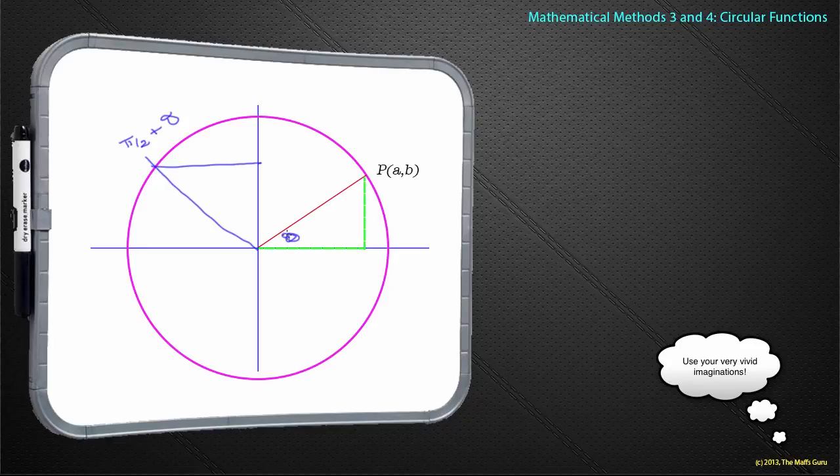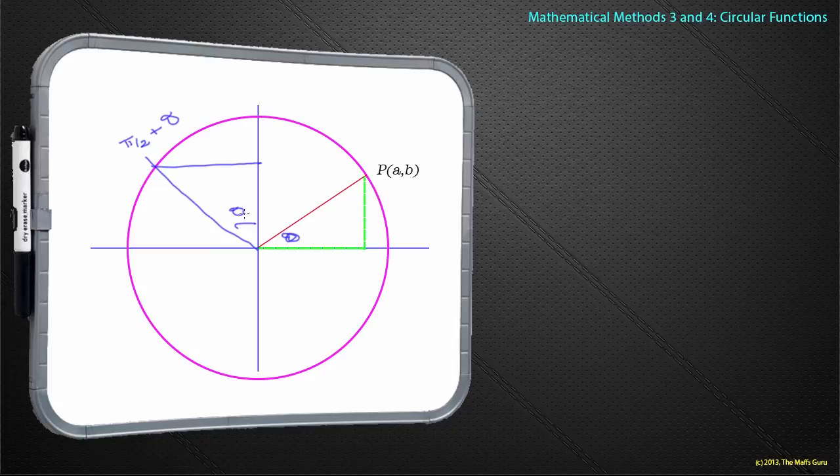I know that that distance there is theta, so I now know that this distance here is also theta. Horizontally, that is A, and vertically, it's B. Now, because it's the same triangle, this distance here is B, and this vertical distance is A. But we know from our unit circle that vertical distances are equal to sine theta.